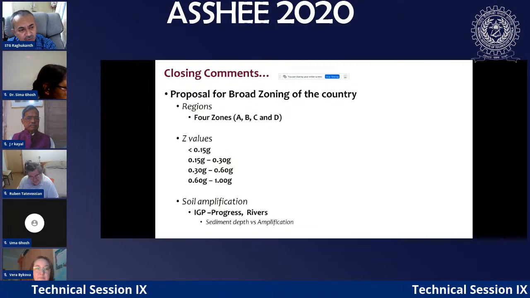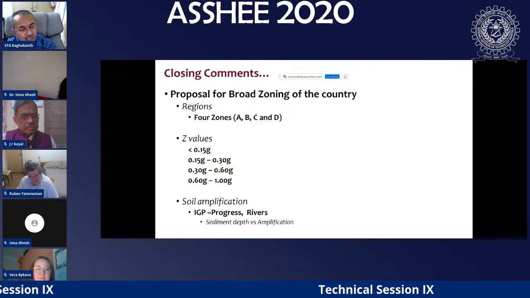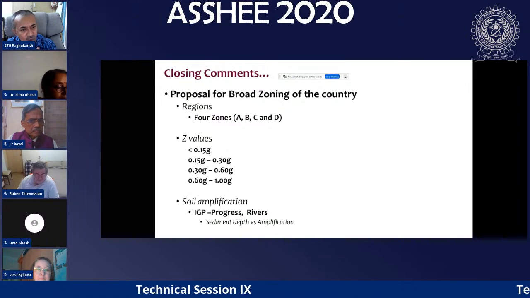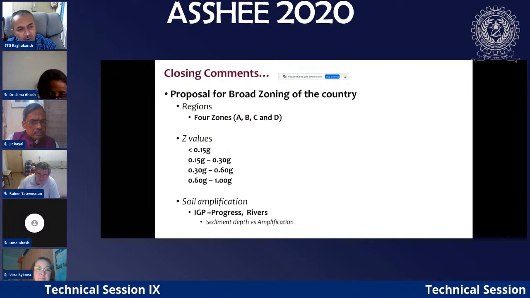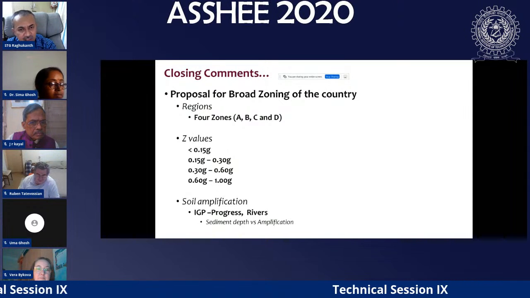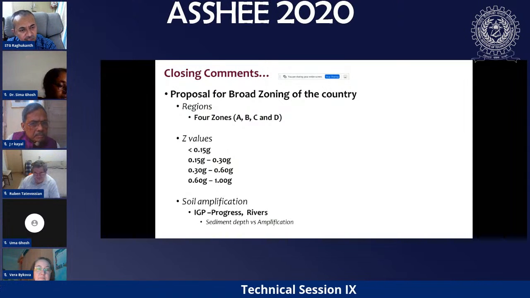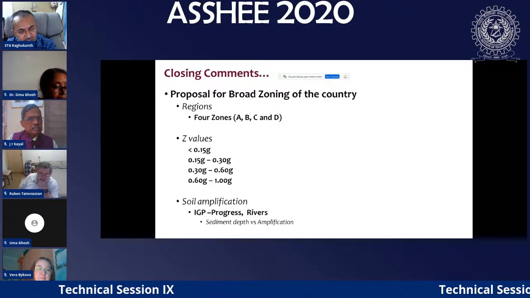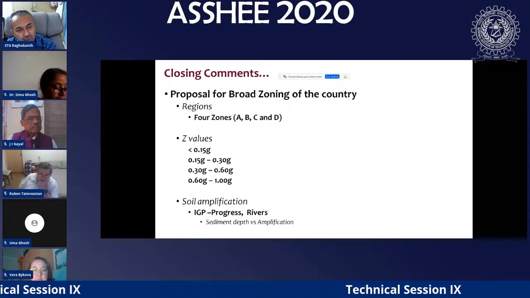So these 4 zones I have shown you, and these are the Z values. Like zone A will have PGA 0.15 g, then zone B the PGA may be something around 0.15 to 0.3. This we are debating actually, how much the values will be. And because if I change the zones and the PGA values, automatically other codes also have to change.